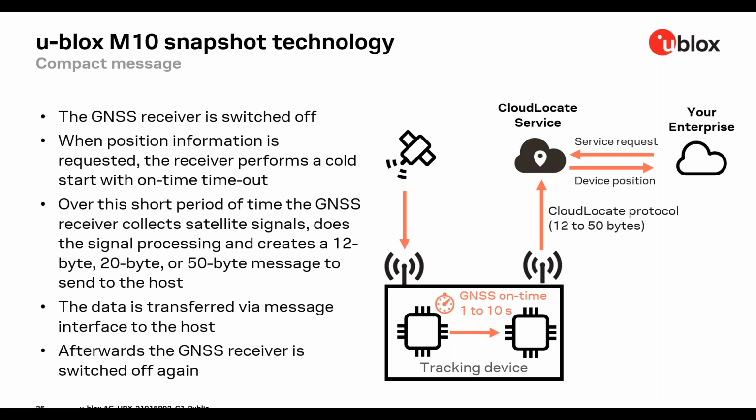And you can see that what we do is a cold start whenever a position is required. We then keep GNSS switched on for a time that can be from 1 to 10 seconds, and then we create a message that can be 12, 20, or 50 bytes long, depending on the configuration.